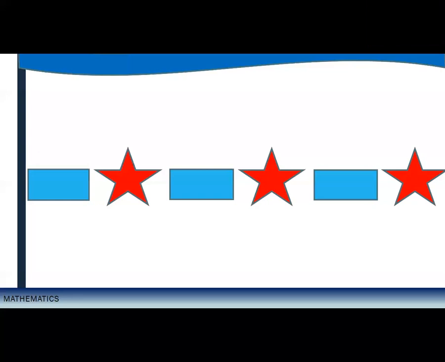The pattern is doing the same thing over and over again in a certain way. This is called a repeating pattern. And there we have it, repeating pattern.